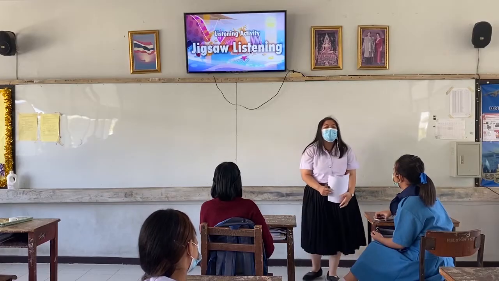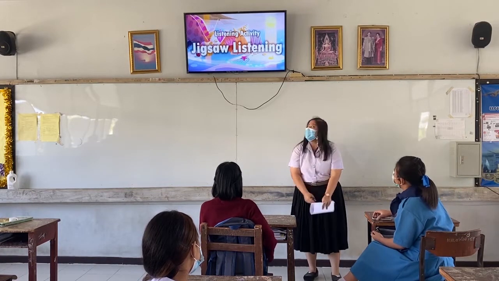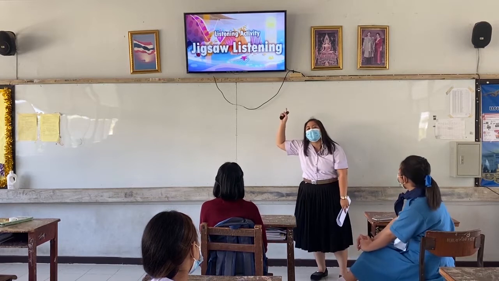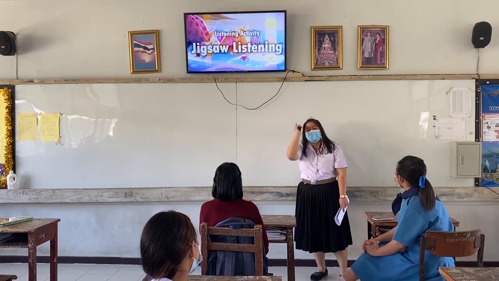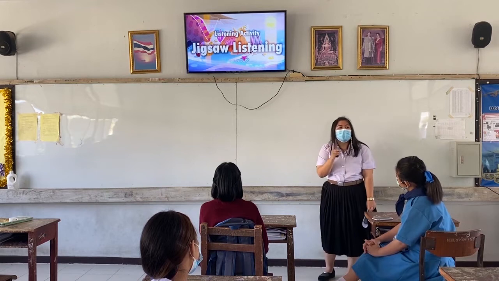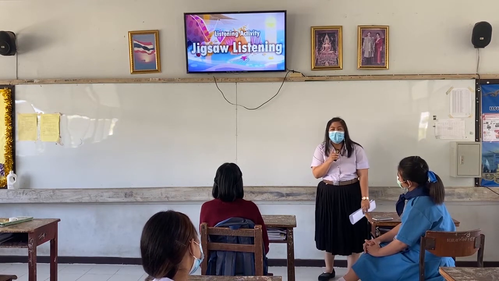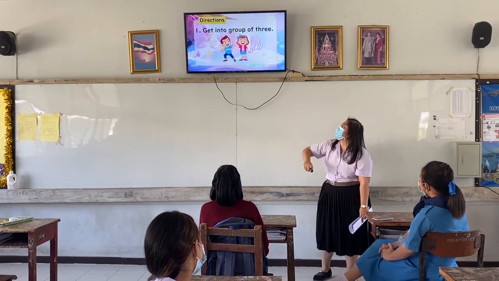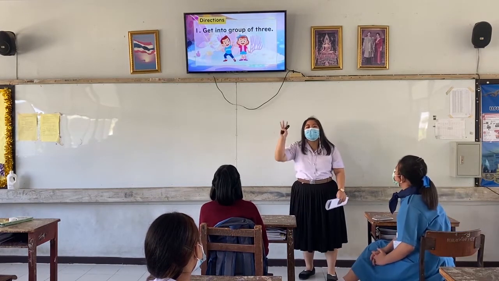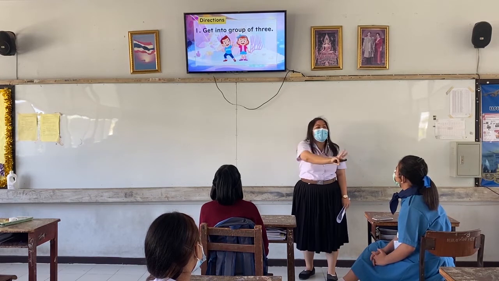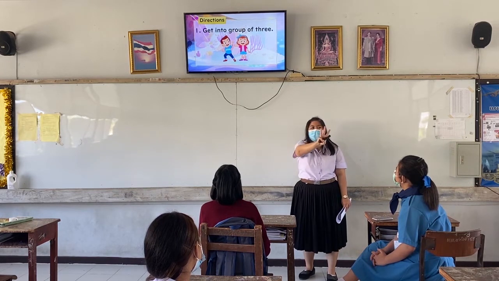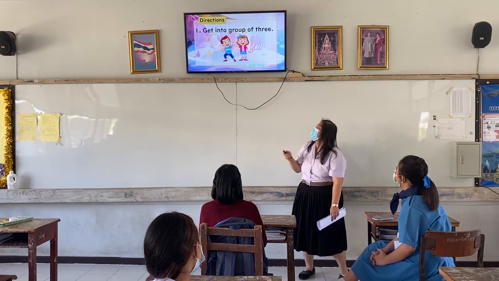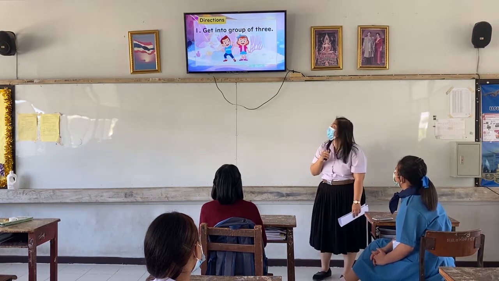Okay, everyone, move on to the activity, jigsaw listening. Everyone repeat after me. Jigsaw listening. But before we do this activity, you have to know the directions first. First, get into groups of 3. How many people are there in your group? Yes, 3 people in one group.